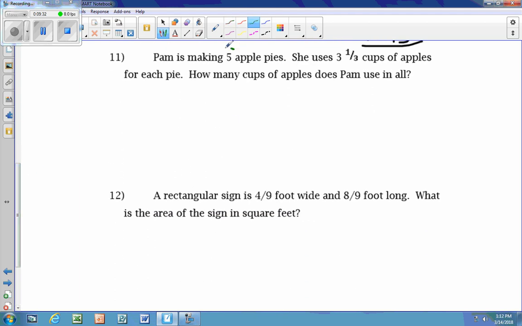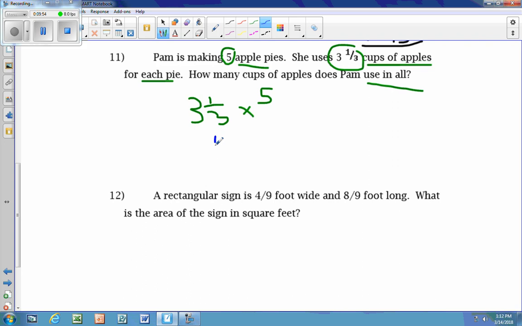Pam is making 5 apple pies. She uses 3 1/3 cups of apples for each pie. So I want to know how much she uses in all. So this is for 1 pie, but I want to know about 5 pies. So we said when we multiply, we have to change things to improper fractions.